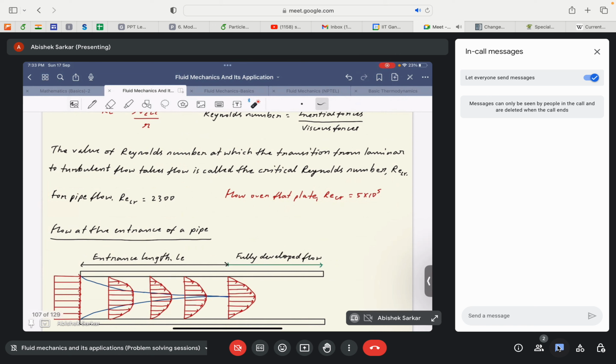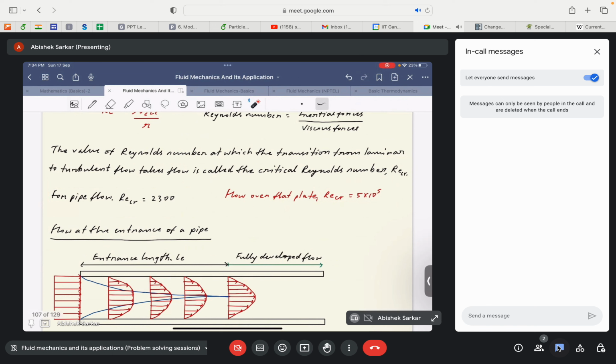Again, there is a term known as transition from laminar to turbulent. I would say this transition phenomenon is outside the scope of discussion for at least this session. So right now I won't dive deep into the transition of flow from laminar to turbulent.